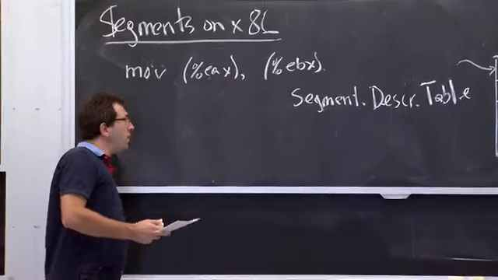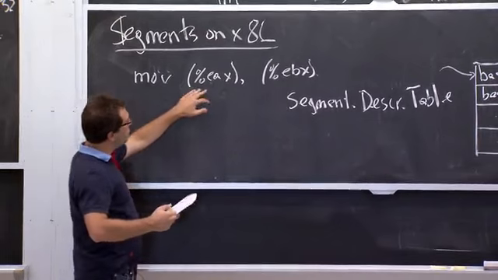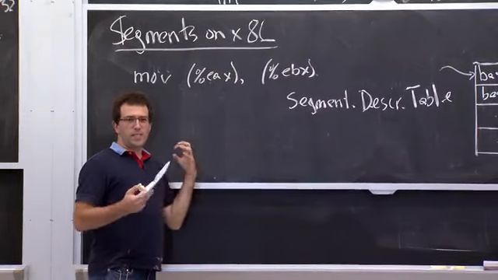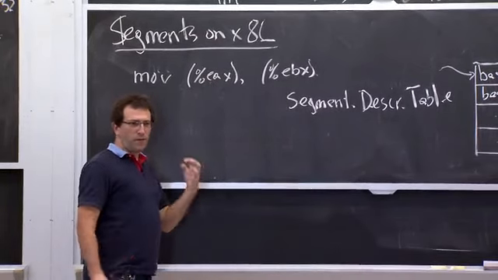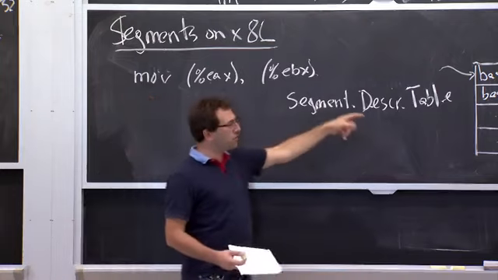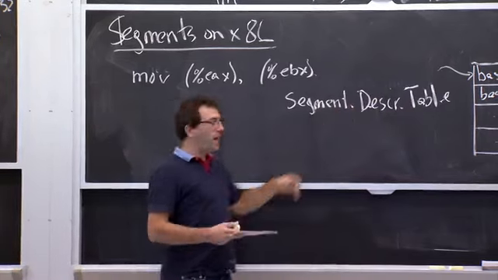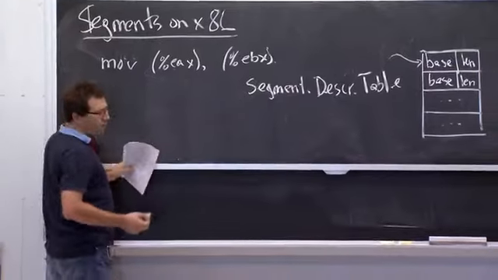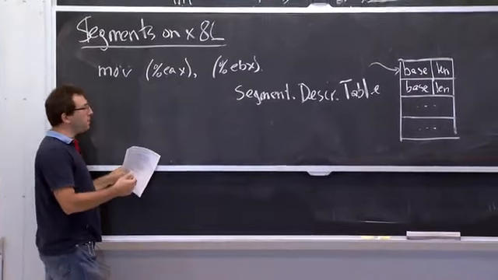But in fact, on x86, whenever you're talking about memory, there's an implicit what's called a segment descriptor, which is kind of like a file descriptor in Unix. It's just an index into this descriptor table. And unless specified otherwise, every opcode has a default segment in it.